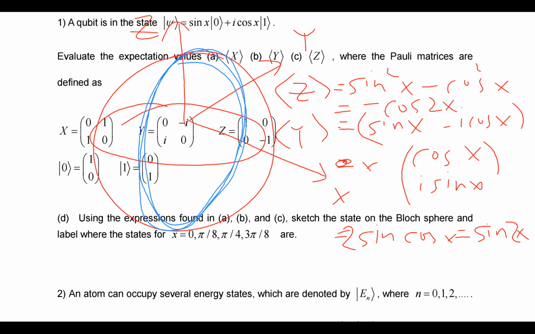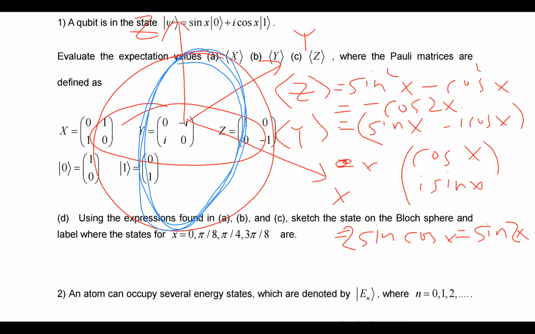Depending on the value of x, Z can be anywhere between plus and minus 1. Y can also be anywhere between plus and minus 1, depending on the actual value.